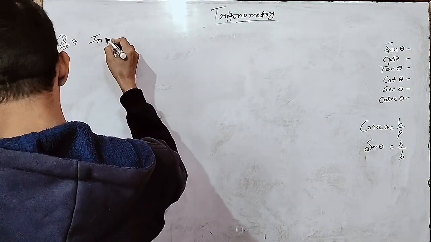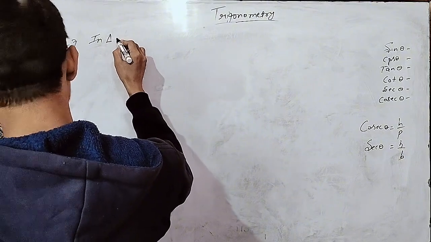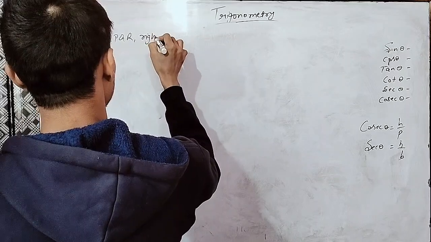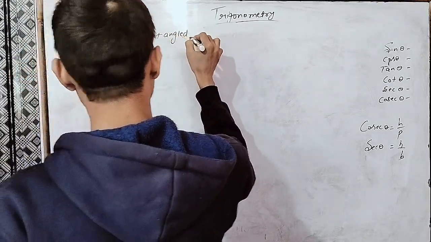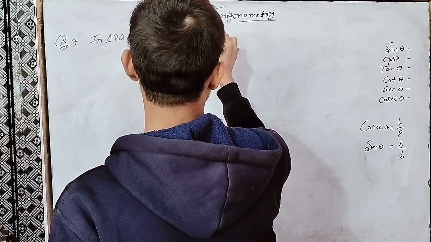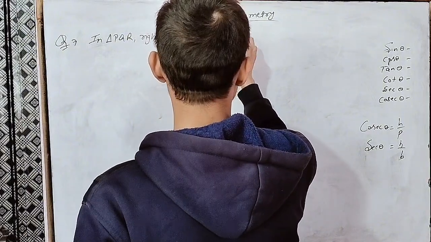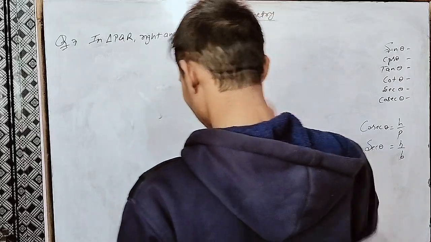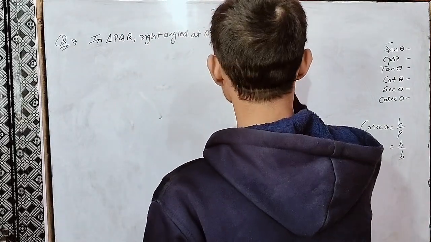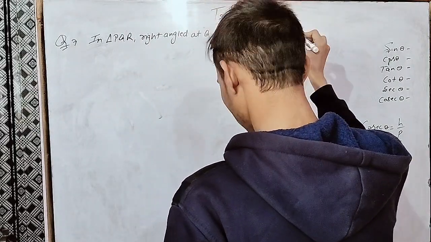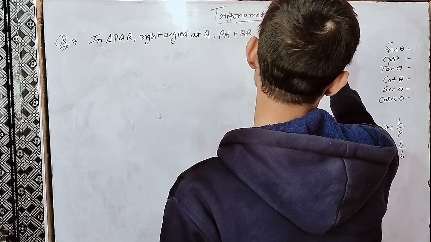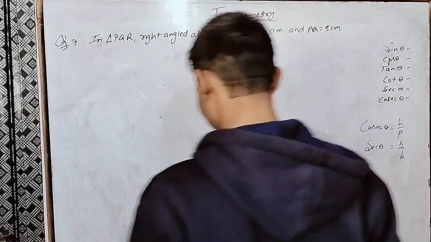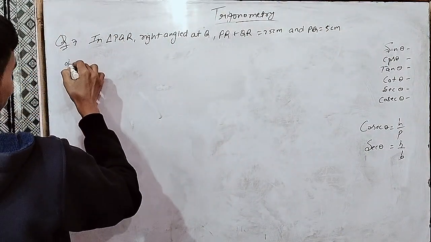A triangle PQR is right angled at Q. PR plus QR is equal to 25 centimeter, and PQ is equal to 5 centimeter.